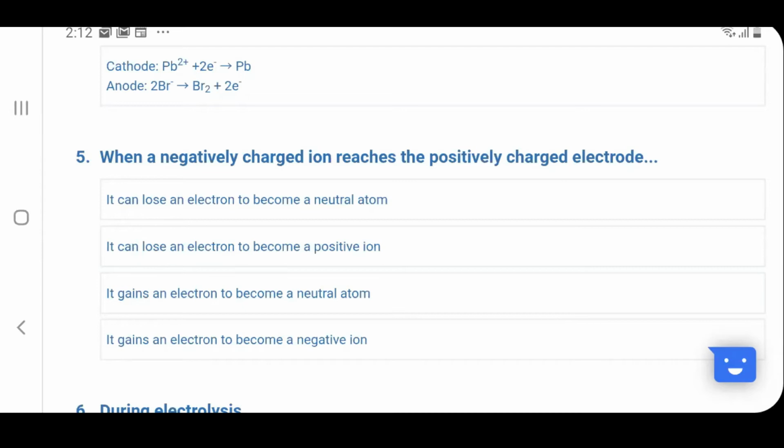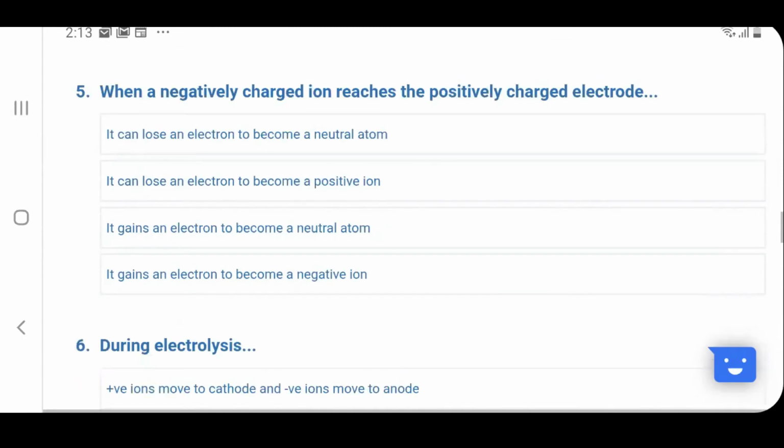It gains an electron to become a neutral atom, or it gains an electron to become a negative ion. Remember what we said at the top when we were looking at them? So pick out of the 2 remaining.